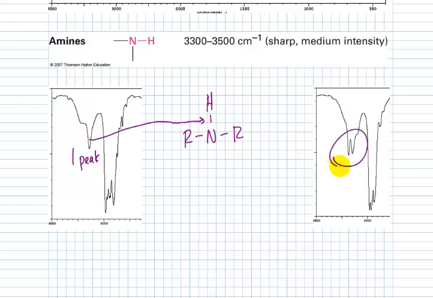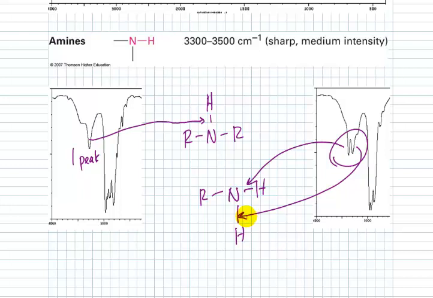Two peaks might come from something like RNH2, where one of them is one of the NHs and the other is the other NH. There's restricted rotation, you could think of it as, around that NH, so those two bonds are actually slightly different in the molecule. It's one way of thinking of it.